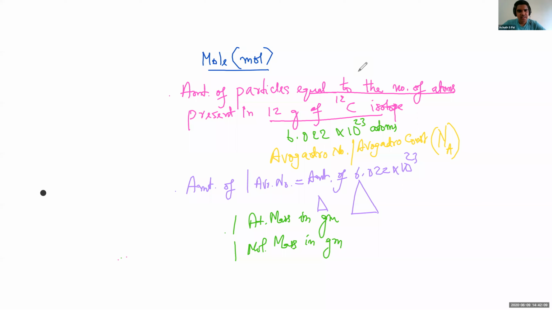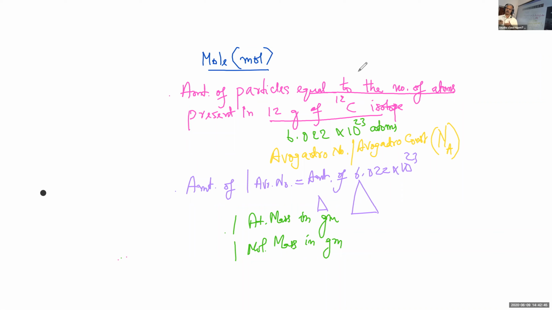Okay, you follow? Yes. So 1 mole means the amount of particles equal to the number of atoms in 12 gram of carbon-12. In 12 gram carbon-12, there is a fixed number of atoms, 6.022 into 10 raised to 23 atoms. That is called Avogadro number. So the amount of 6.022 into 10 raised to 23 particles, atoms, molecules, electrons or protons, whatever it is, is called 1 mole.